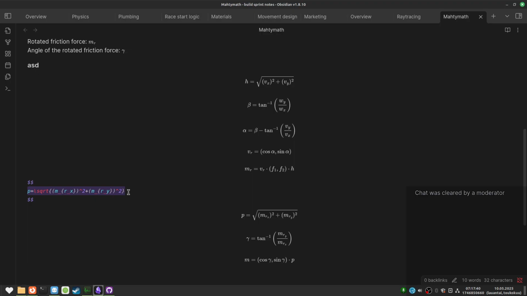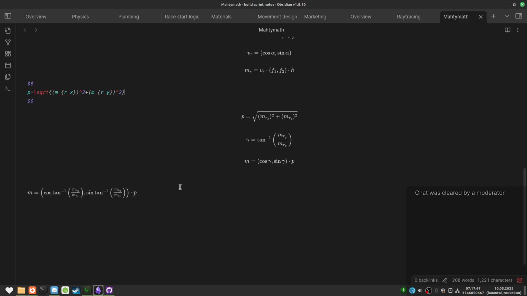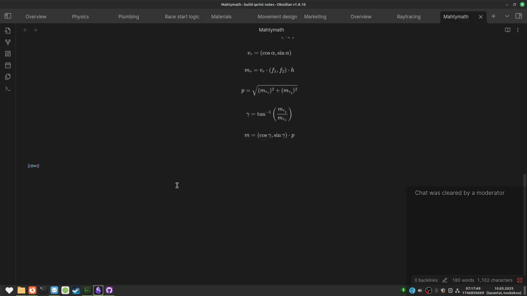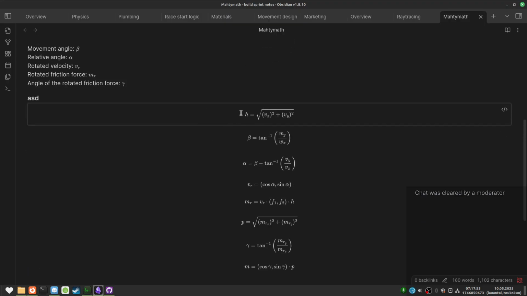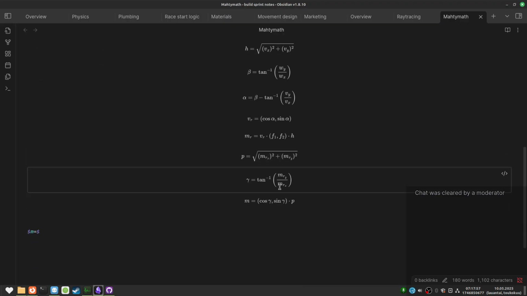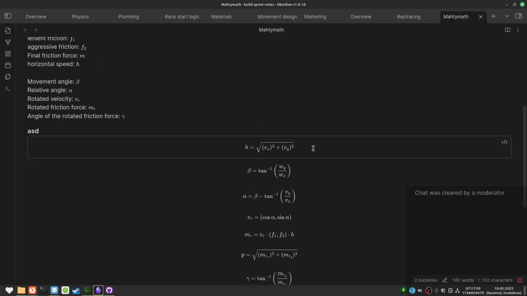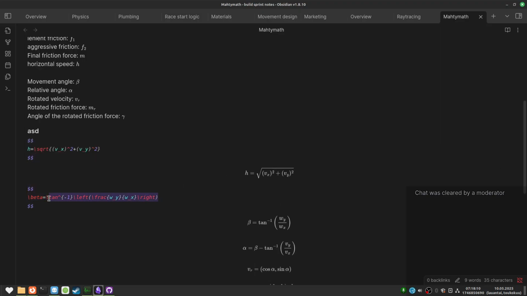Let's get P. Actually, I should probably do it the other way around. We start from the top and go down, so I don't have to copy paste constantly into the previous. You'll see. V we can't change, or W. Beta we can change.